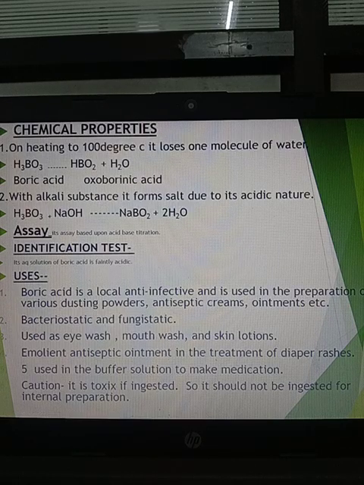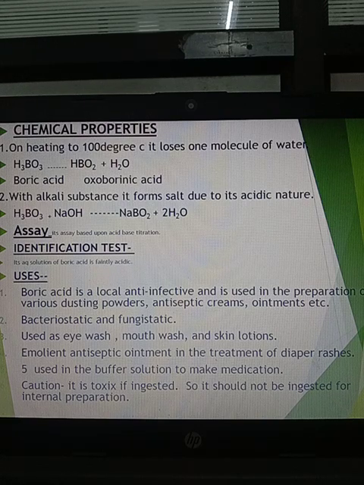Coming to the chemical properties, on heating at 100 degrees centigrade, it loses one molecule of water, forming HBO2, metaboric acid. With alkali substances, it forms salt due to its acidic nature. Boric acid is a local anti-infective and used for the preparation of various dusting powders.